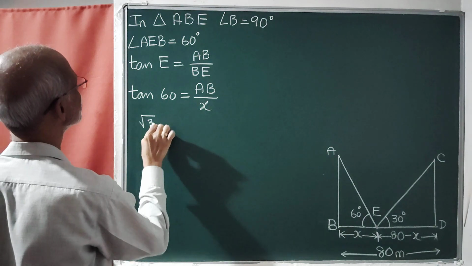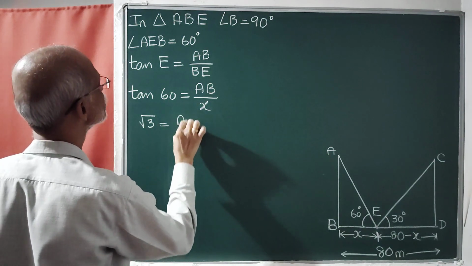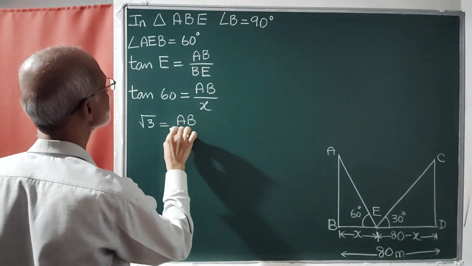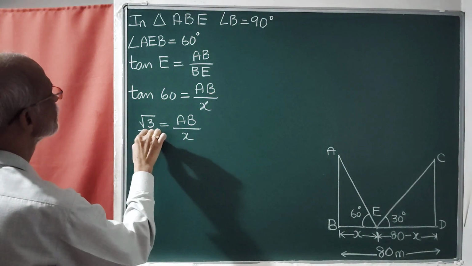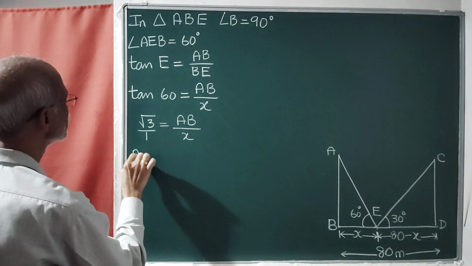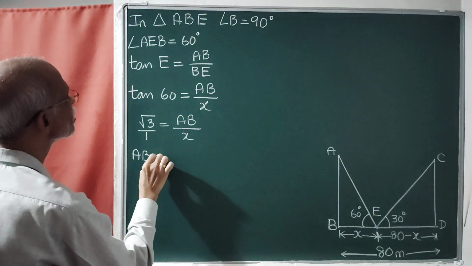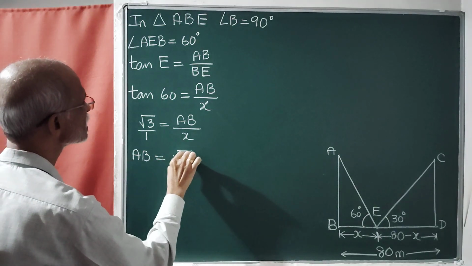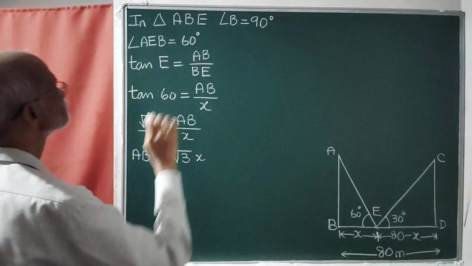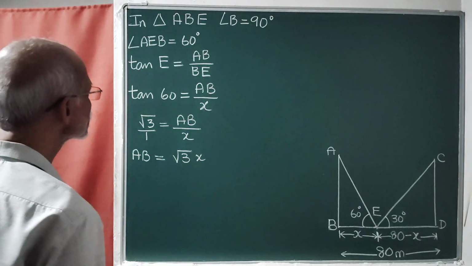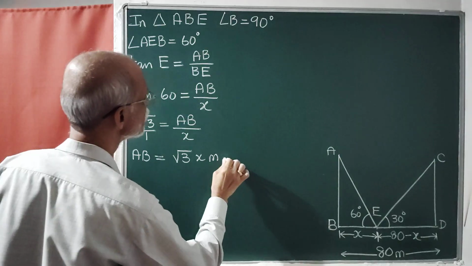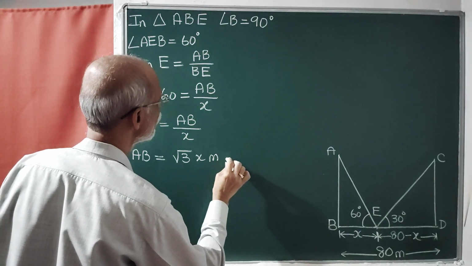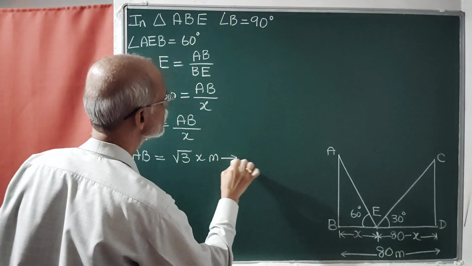So root 3 is equal to AB by x. If you cross multiply, we'll get AB equal to root 3x meters. Let this be equation 1.